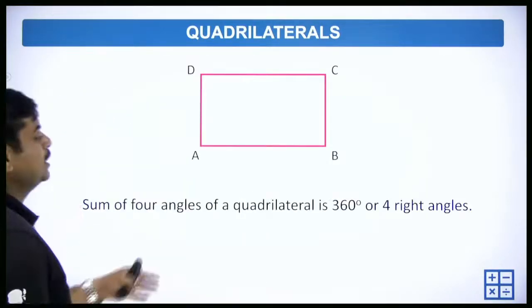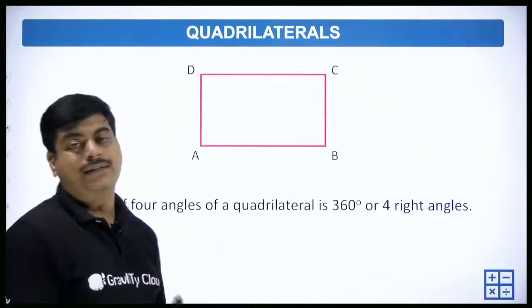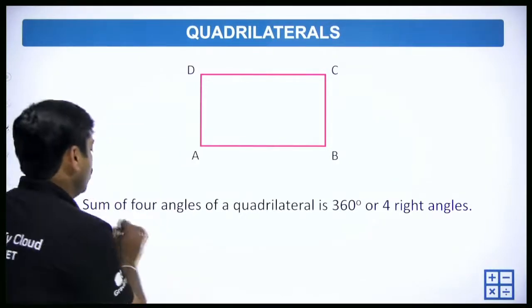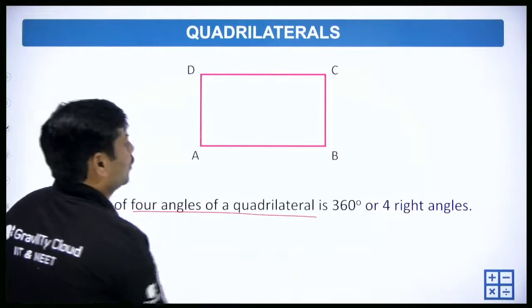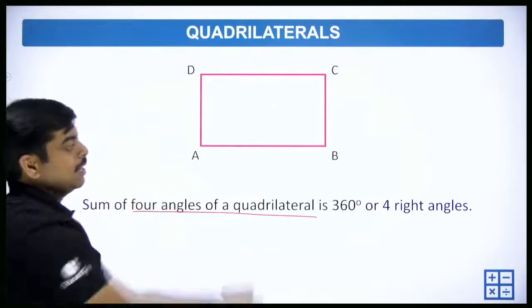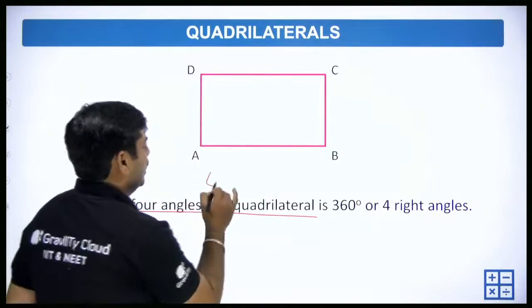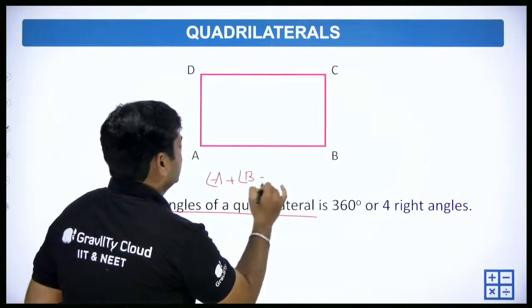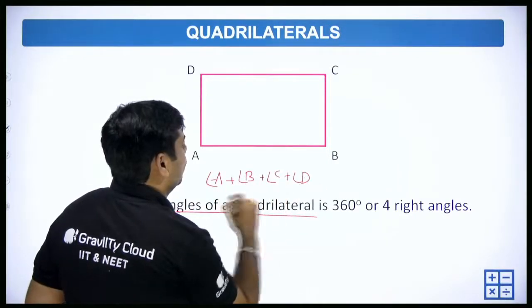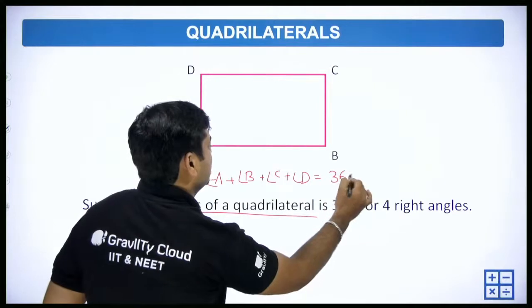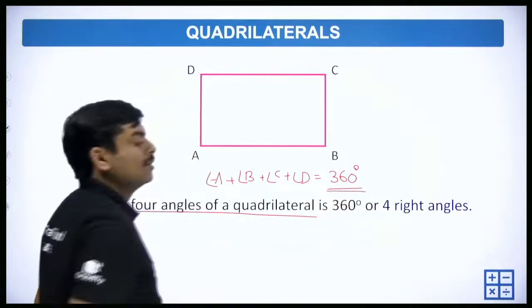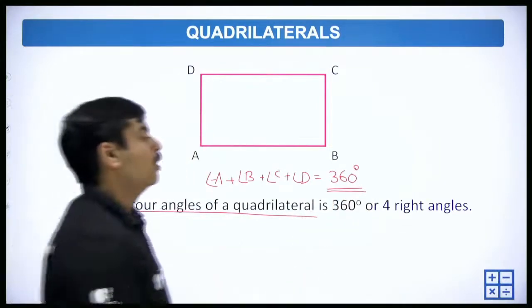Sum of 4 angles of a quadrilateral is 360 degrees or 4 right angles. Okay, this is always correct. So what are the 4 angles here? A, B, C, D, right? So angle A plus angle B plus angle C plus angle D, the sum of all these angles is 360 degrees or 4 right angles.